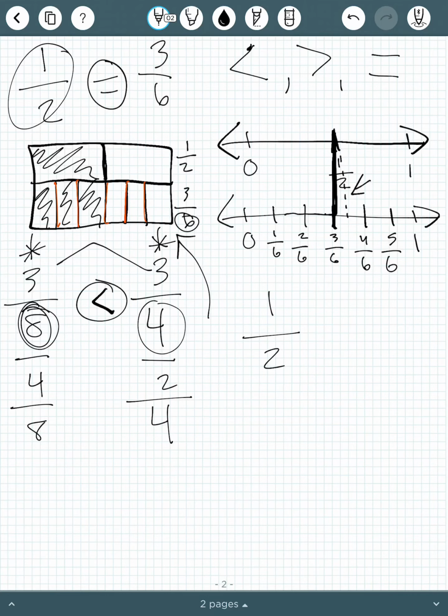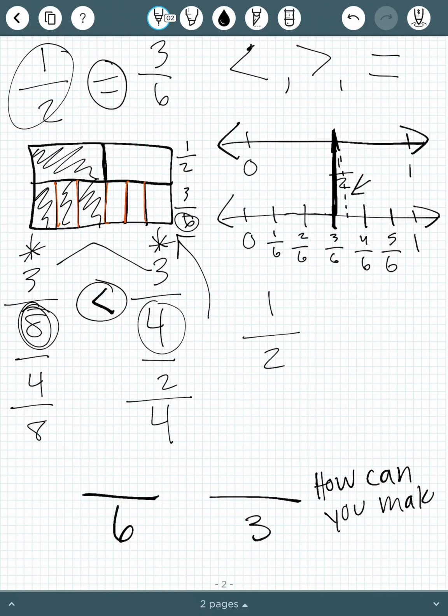Last thing is you can always give students, like if I gave them 6 and thirds, I could say, okay, tell me what would you have to do to make these fractions equivalent. So how can you make these equal or equivalent?